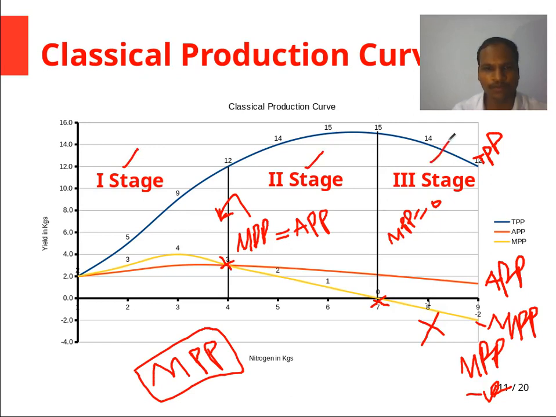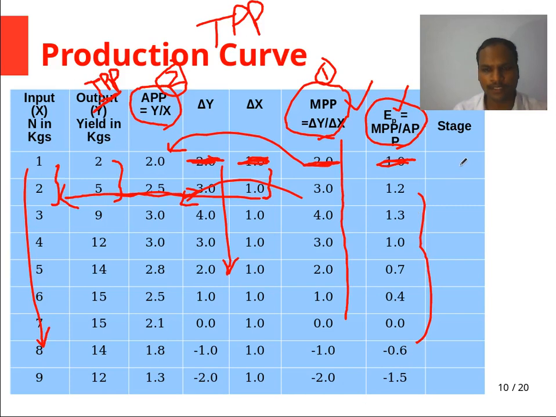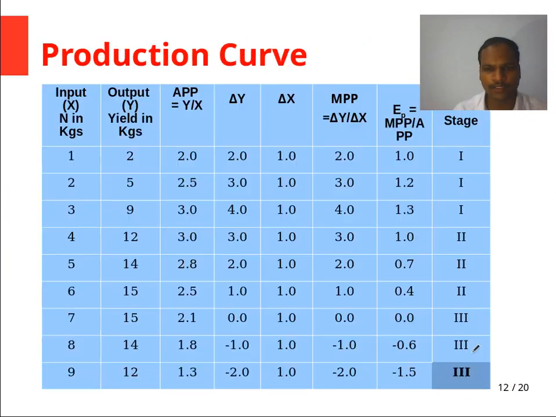So similarly, in this area we have to mention the stages. So it is mentioned here. In the first stage we can say that the elasticity is greater than 1.